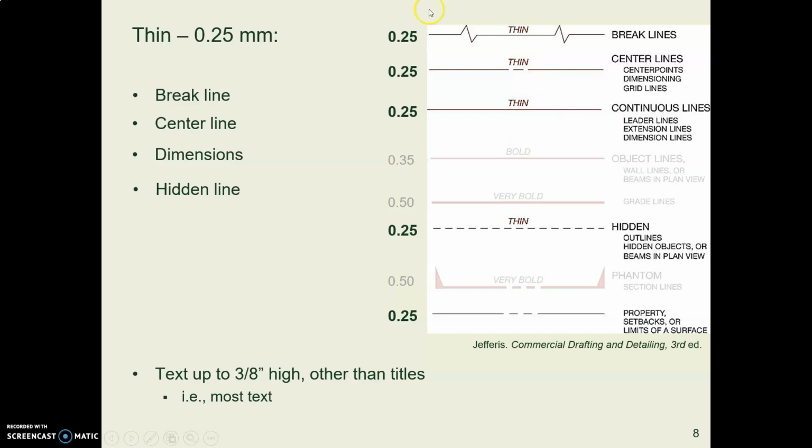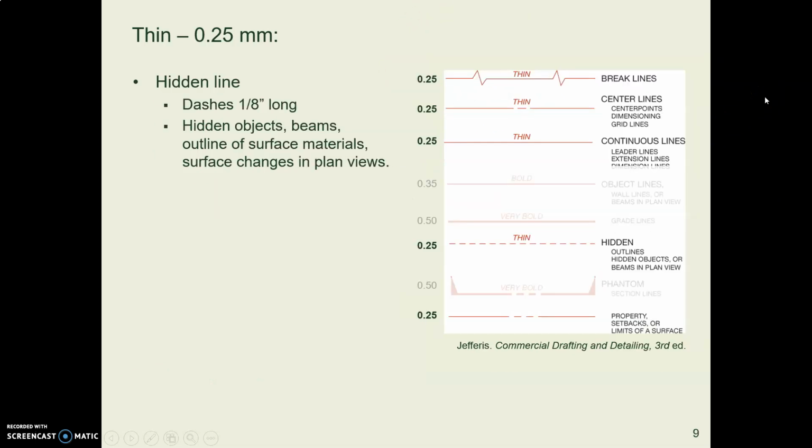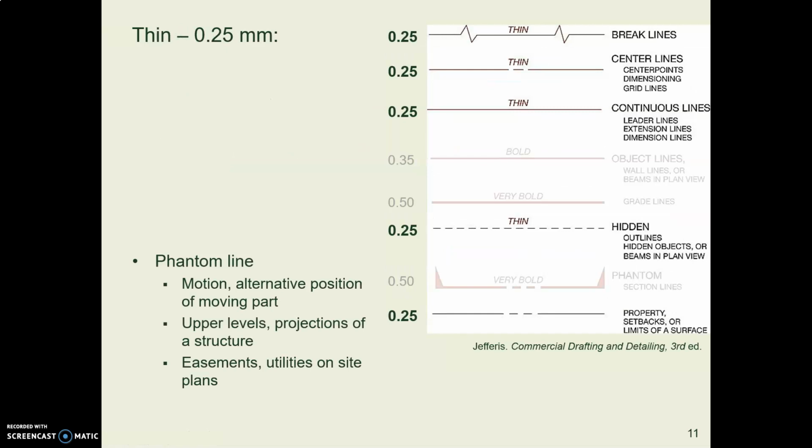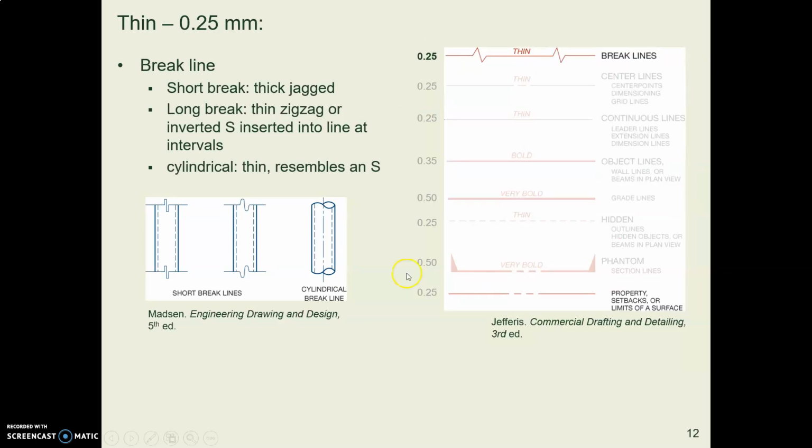Starting with the thin lines, which I've highlighted here: break lines, dimensions and so forth, hidden lines, center lines, phantom lines if you're representing a ghost of something that's not there. And break lines, these squiggly things.